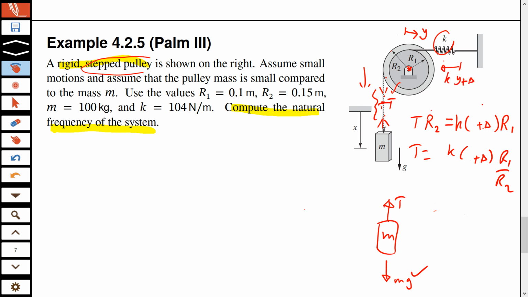So K times y, y plus delta, okay. So it's y plus delta.